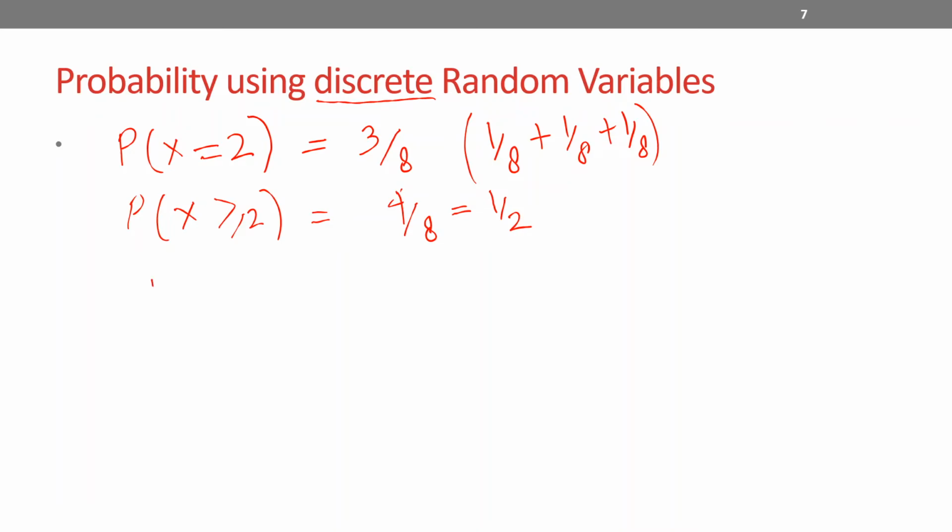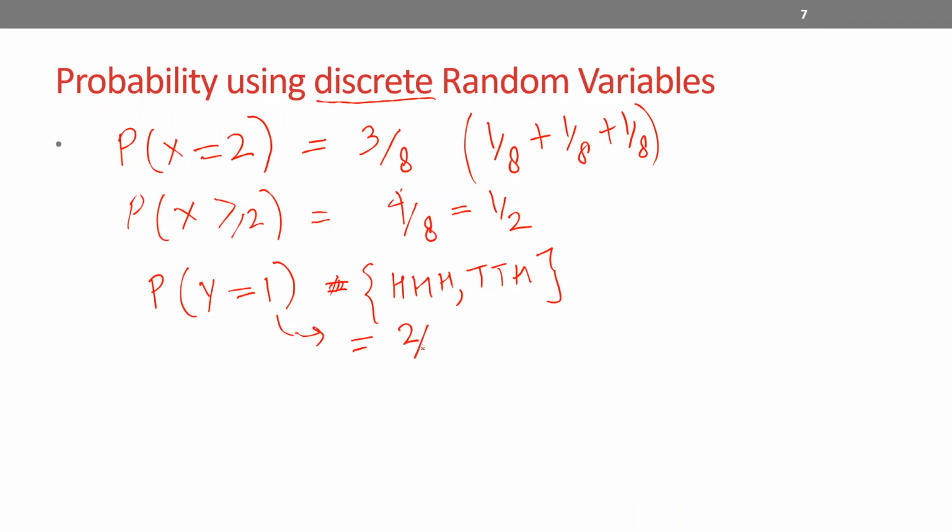How about the probability of Y equals 1? Y is 1 when we have H, H, H and T, T, T, right? So the probability of Y equals 1 is 2 over 8 or 1/4. How about the probability of the event X greater than or equal to 2 and Y equals 1?